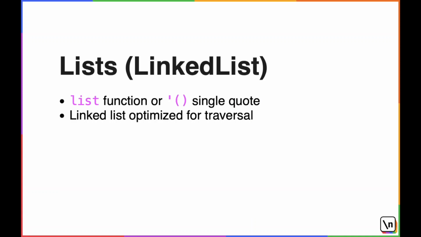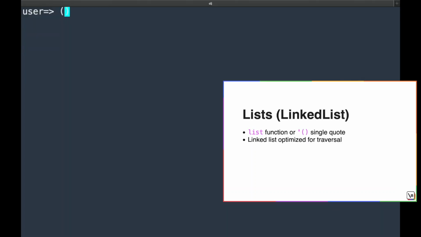List in Clojure is an implementation of the linked list algorithm. Linked lists are optimized for traversal. A list can be defined using the list operation with any number of arguments, or using the literal form with a single quote followed by parentheses.